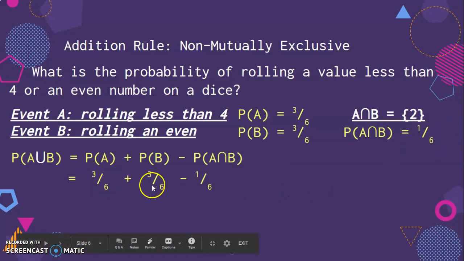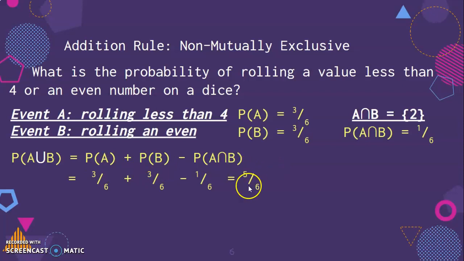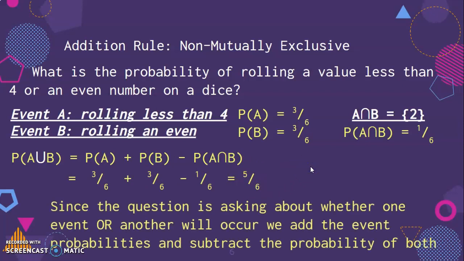So remember, with adding or subtracting fractions, if my denominators are the same, I simply add the numerator or subtract the numerator. So 3 plus 3 minus 1 is 5. So that's my answer. And same thing, just to summarize, this is an OR, and so we add. When we're asked whether an event or another will occur, we add the event probabilities and subtract the probability of both.